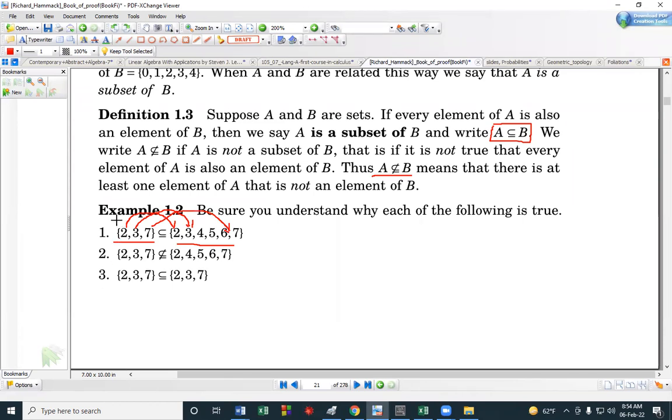So if you say this is your set A and this is your set B, tell me, is it true that A is contained in B? Yes, sir, it is true. But here, if this is your set A and this is your set B, is it true that A is contained in B?